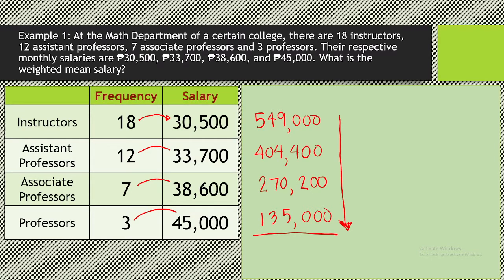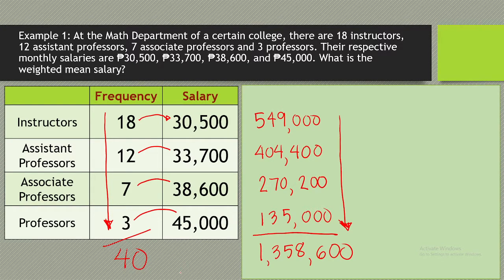The sum is 1,358,600. At the same time, you add all the frequencies or the weights. So adding 18 plus 12 plus 7 plus 3, there will be a total of 40.